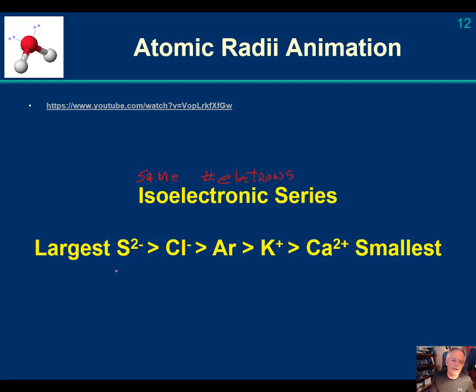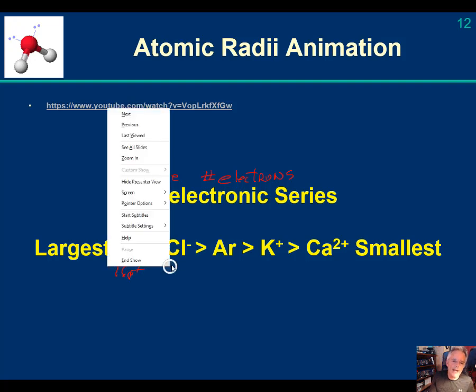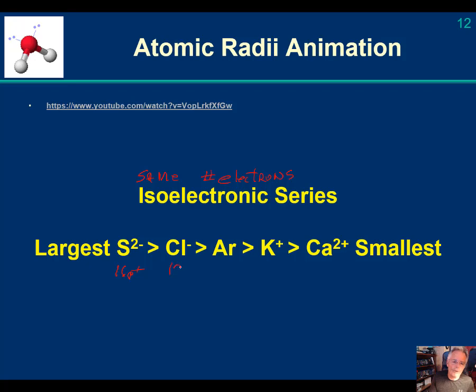So here's sulfur. It has 16 protons in the nucleus. Chloride ion has 17 protons in the nucleus. Argon has 18 protons in the nucleus. Potassium has 19 protons, and calcium has 20 protons in the nucleus. We're going to think about this with respect to effective nuclear charge. Let's start with argon.